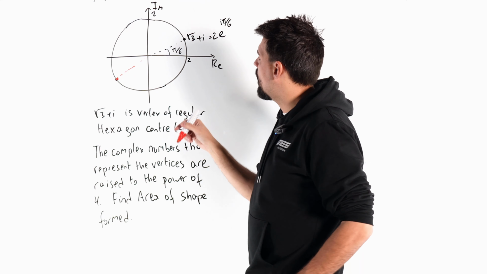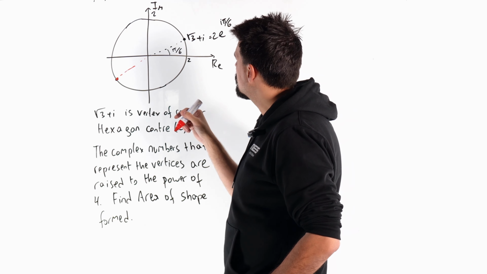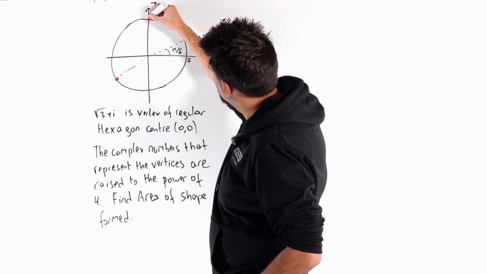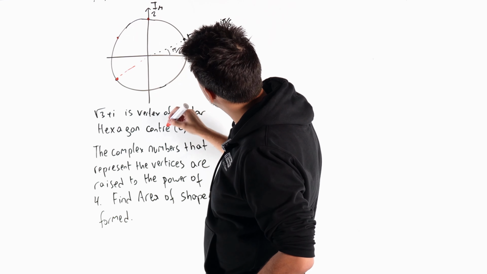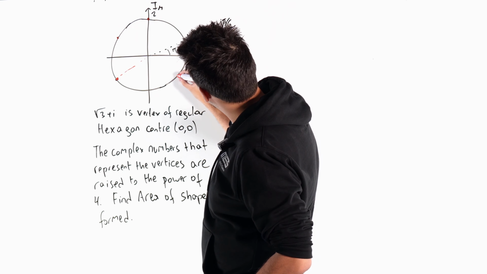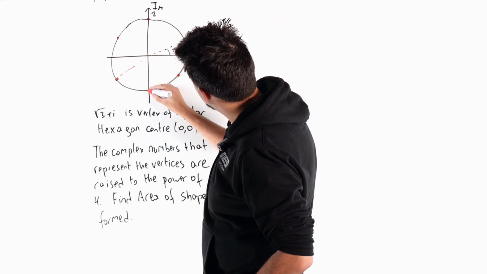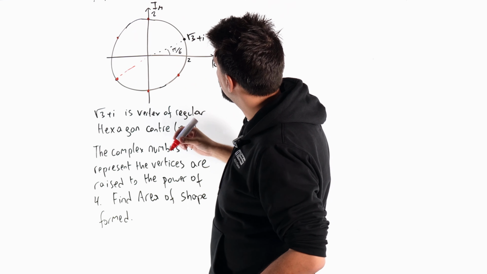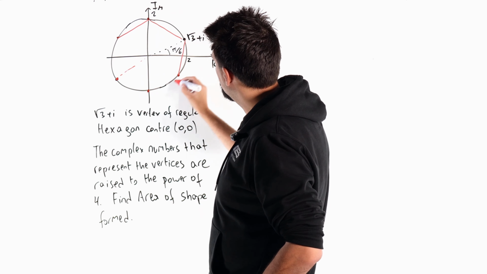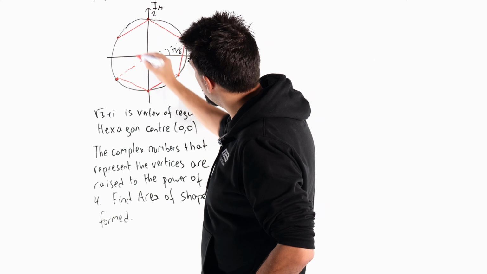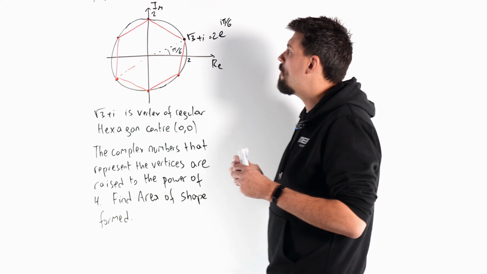I need to go over pi over 3. So 1 there, 1 there, 1 there, and 1 there, I do believe. All right, and we end up with our hexagon. This looks quite nice, actually. Not my worst bit of drawing.